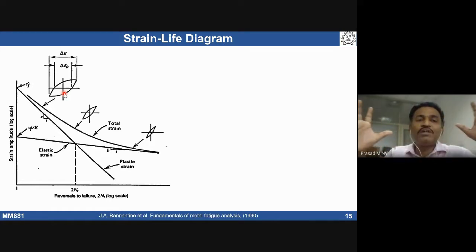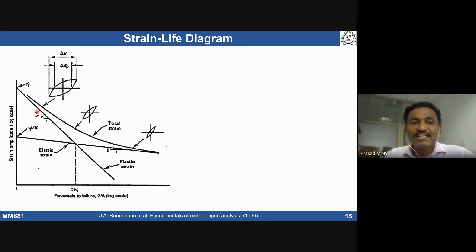In the strain life approach, we have better control over giving a strain range which involves both plastic strain plus elastic strain.